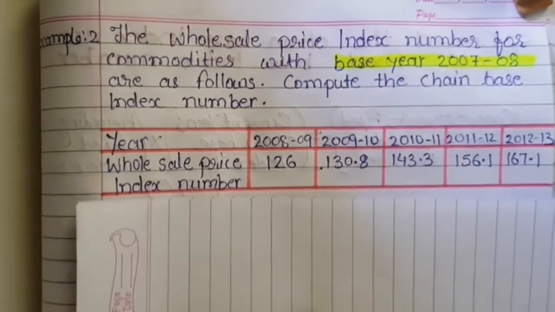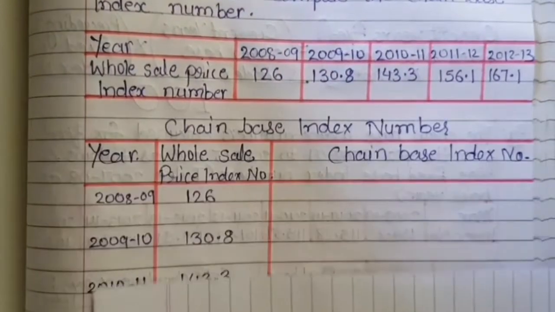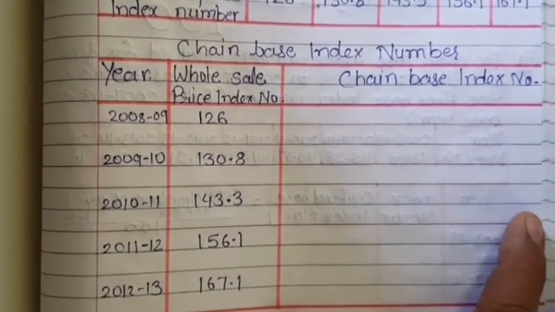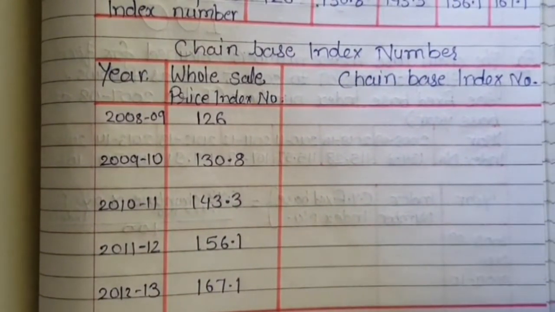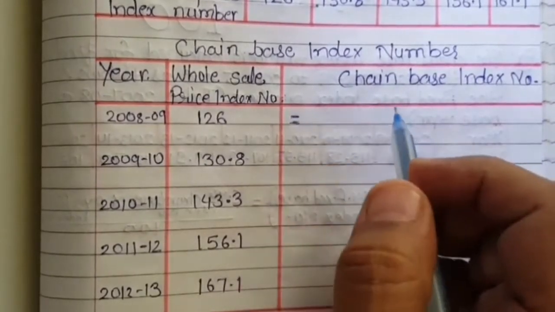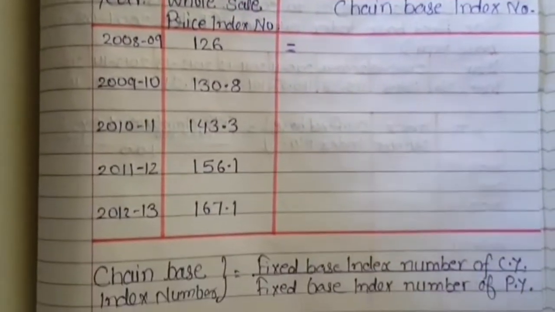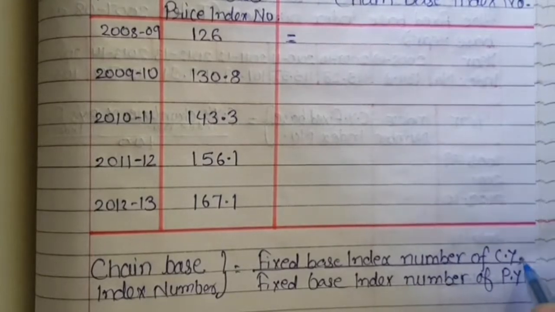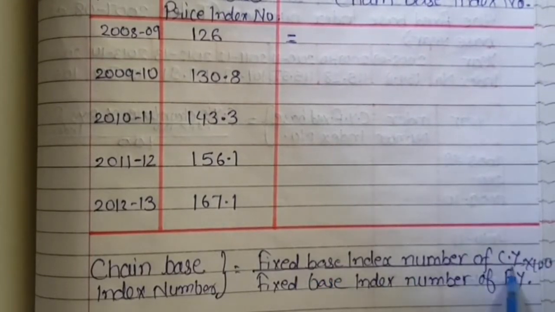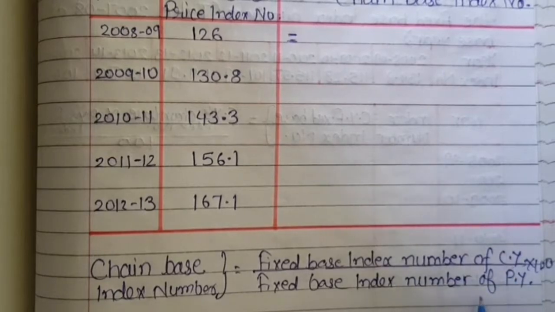So let's start how to calculate. We have to prepare the same table that we prepared in the first example. I'm going to solve for 2008-9. Here I have mentioned the formula: fixed base index number of current year divided by fixed base index number of preceding year, multiplied by 100.